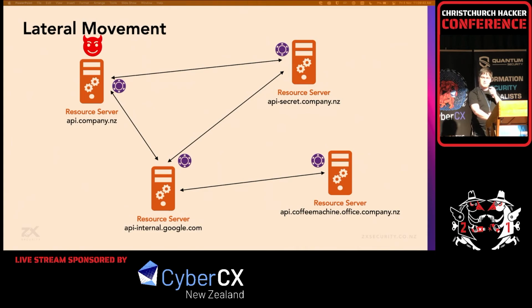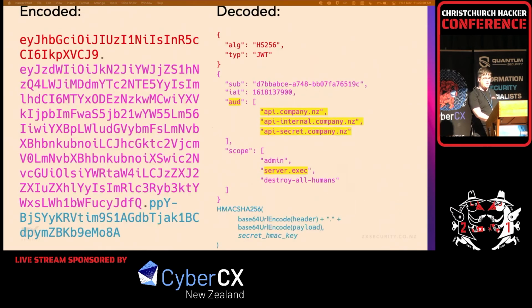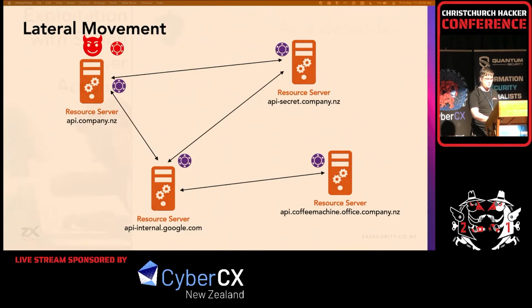What we could do is steal one of those JWTs and then we can get access to a different server by just replaying it to a different server. The idea is that you should be limiting the number of URLs inside that audience claim there. It also can leak some of those internal ones too.